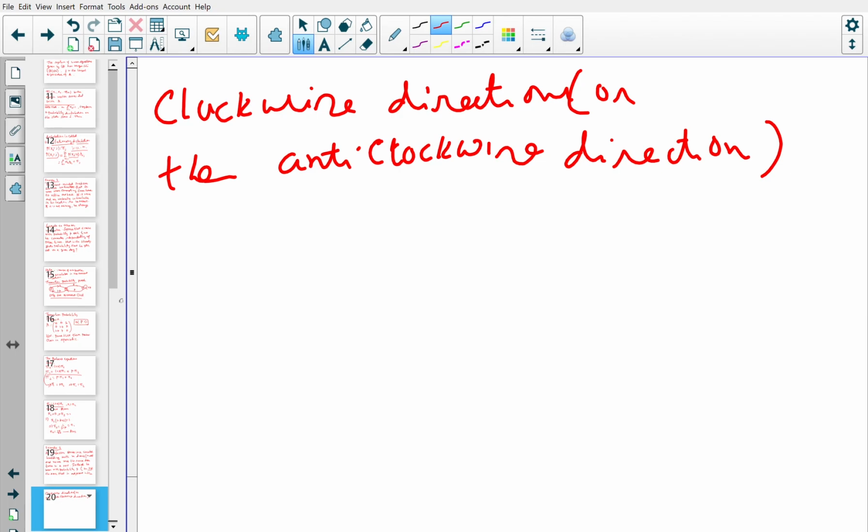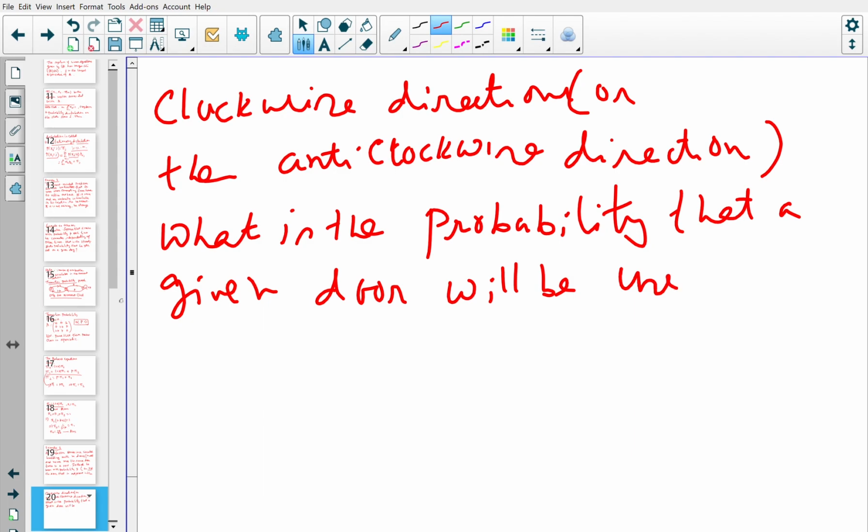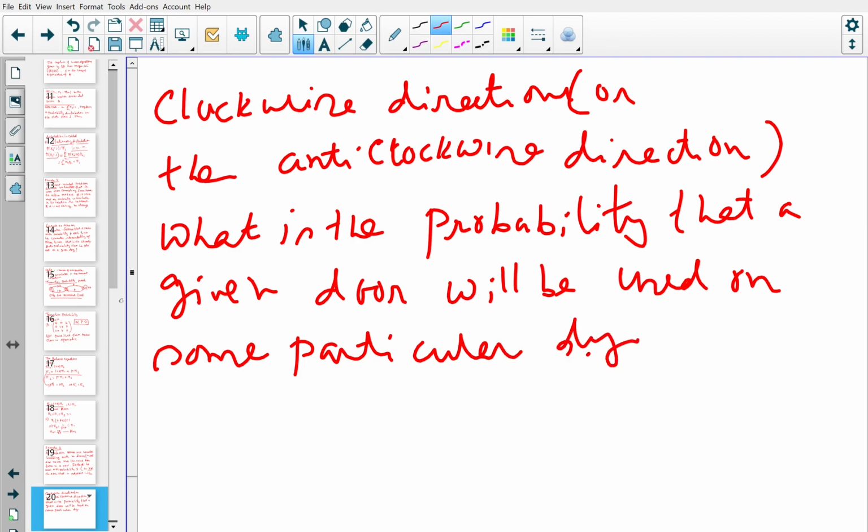Now what is the question? What is the probability that a given door will be used on some particular day far into the future?